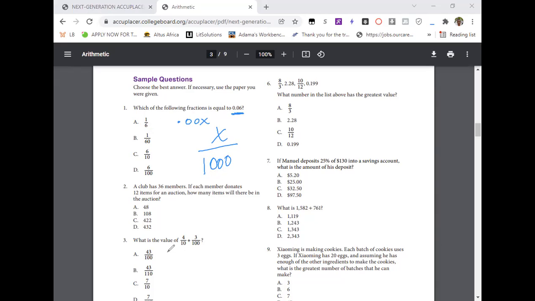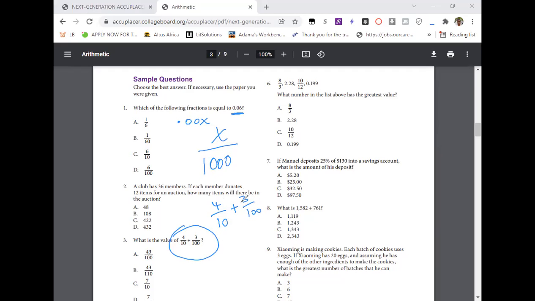Another example, addition. We saw this. It's 4 over 10 plus 3 over 100. We actually didn't see this type of common denominator thing, but the strategy that we learned should work.